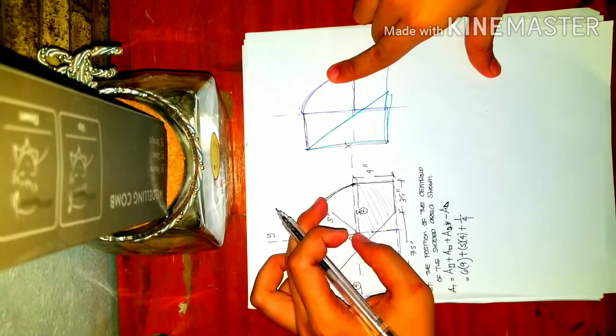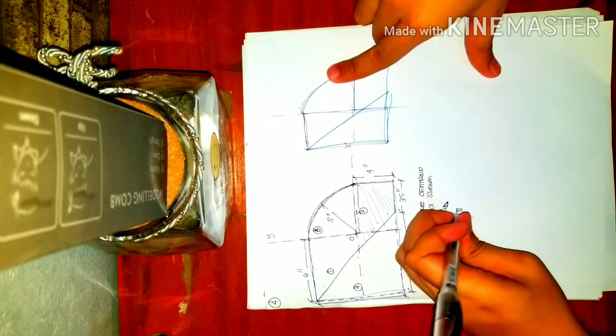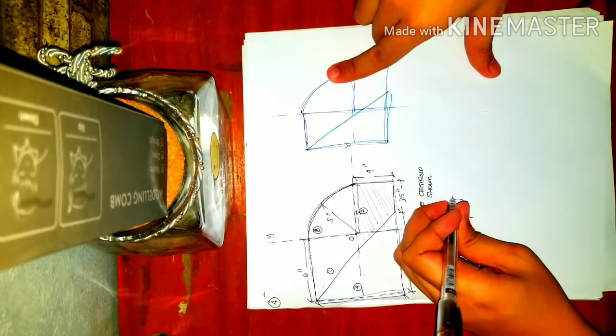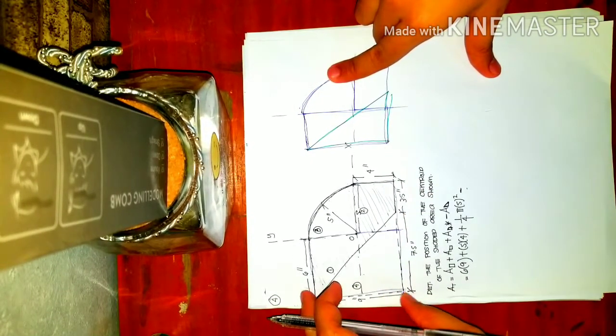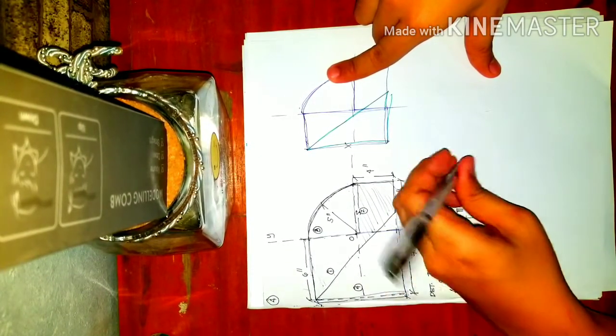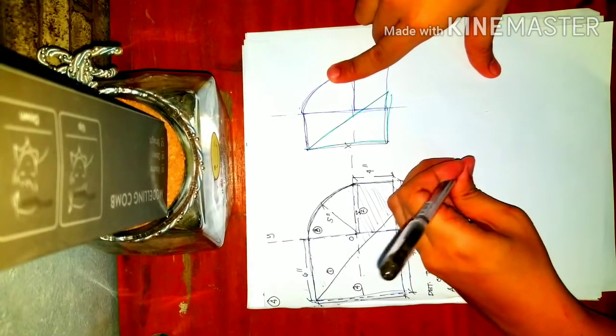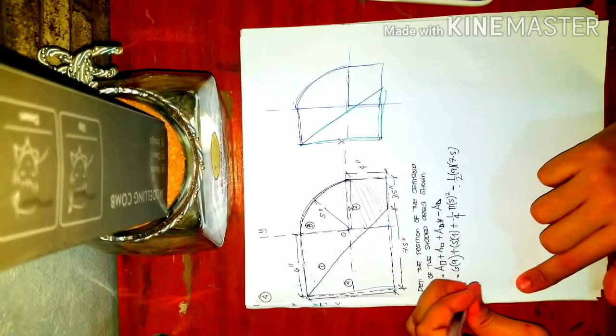So, since given yung radius, so ano nga yung area ng circle? Kapag radius ang given, so pi r squared. So 1/4 ng pi times 5 squared. And then minus the area of triangle, or 1/2 times base times height. Minus 1/2 of 9 times 7.5. Okay, so what is the total area?